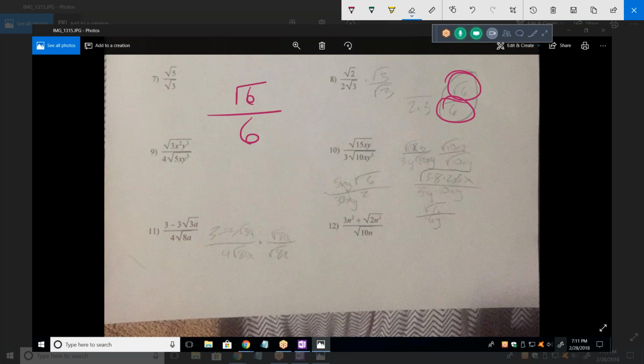Okay, we'll look at the tougher ones here. Not really. I know that looks tougher, but it really isn't. What you just have to do is take one thing at a time. In other words, you take your numbers, and then you take the x variable, and then you take the y variable.